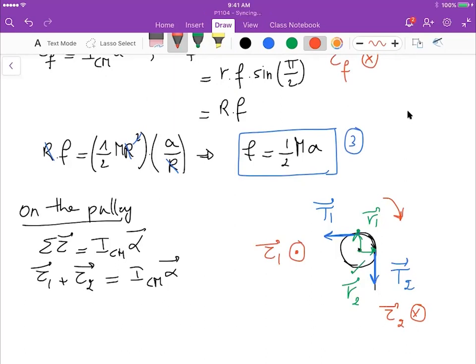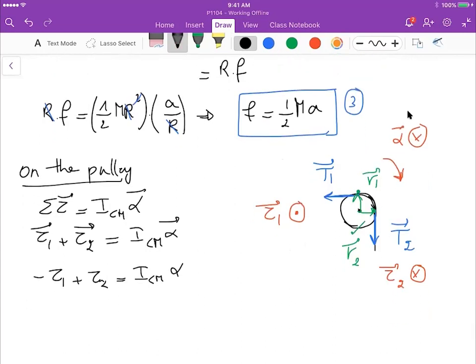Okay, and so now if we take direction للالفا to be the positive direction, بهالحالة رح يطلع معنا إنه minus tau 1 plus tau 2 is equal to I alpha. شو قيمة التاو 1 والتاو 2؟ فإذا minus T1 times R, where R is the radius of the pulley, plus T2 R is equal to I center of mass.